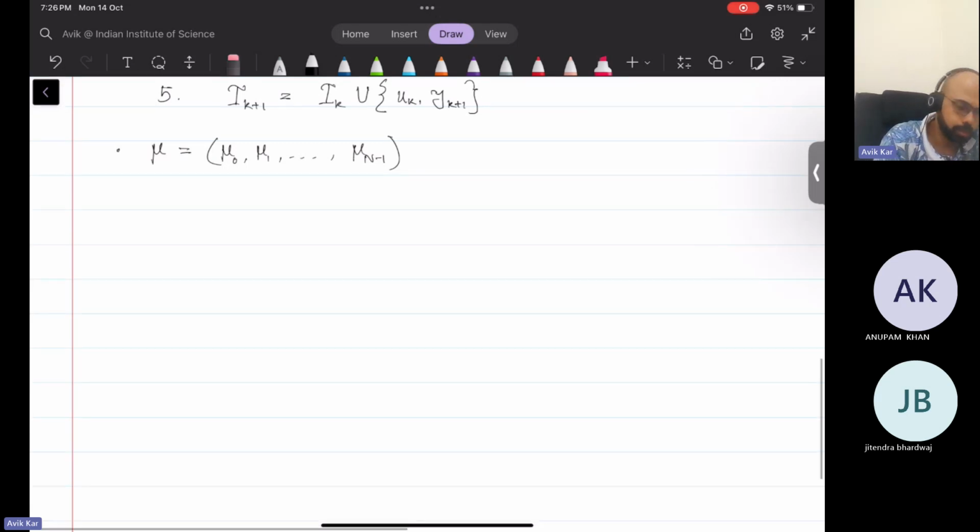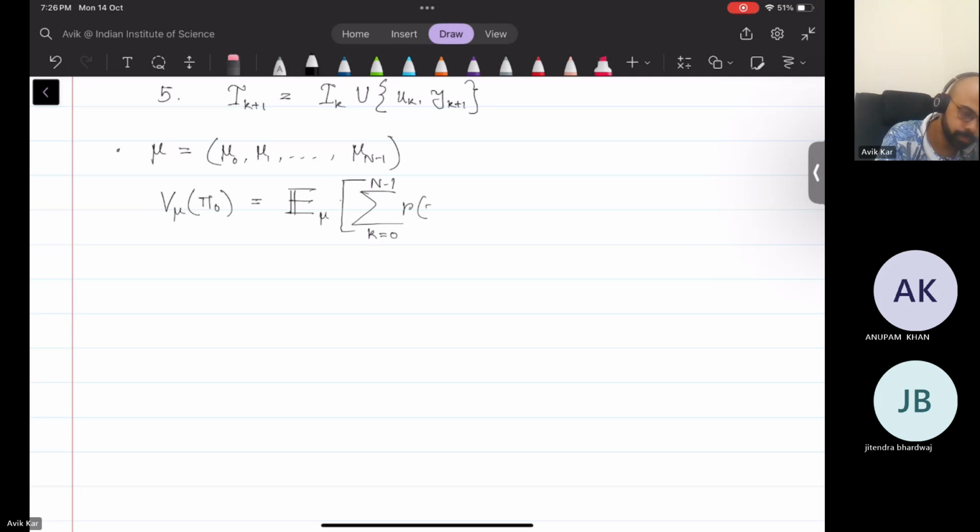So for a policy mu, we write the reward as V mu of the initial state distribution pi naught, as the expectation taken with respect to the policy mu of the sum of rewards plus the terminal reward, given the initial distribution.